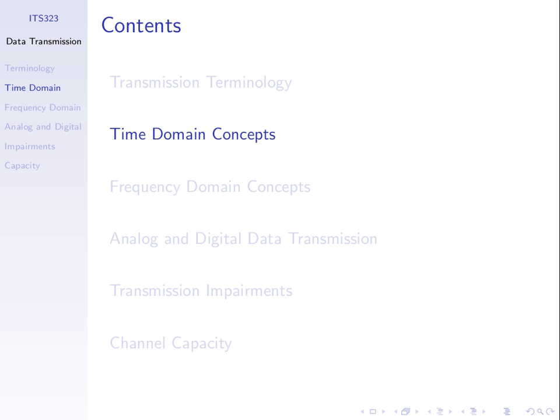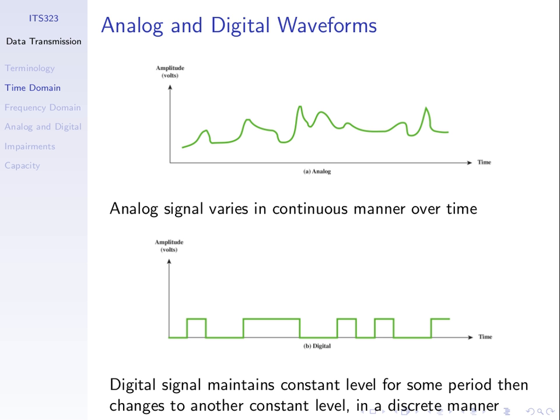Some terminology still. The signals that we can transmit from A to B, we could classify as either analog or digital. Analog is a signal that varies continuously over time, like the top diagram. Digital, we maintain some level for some period of time and then instantly change to another level, and so on.